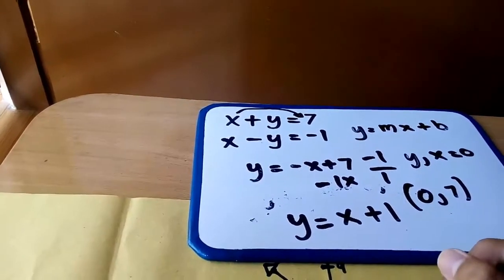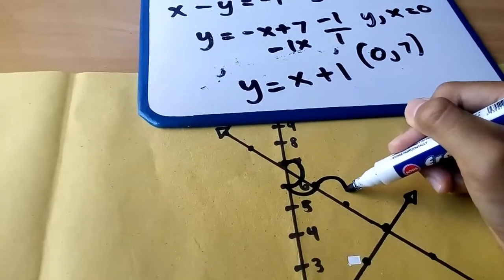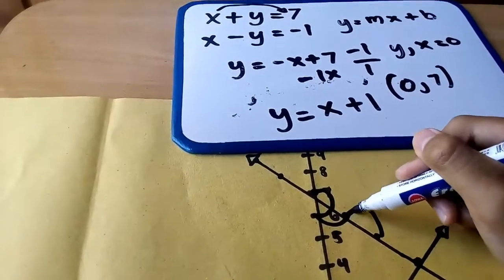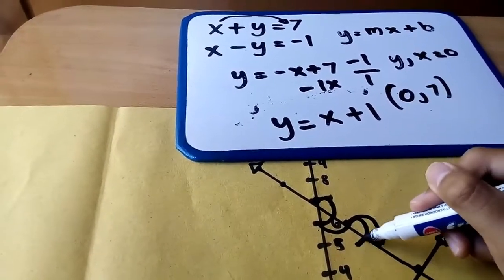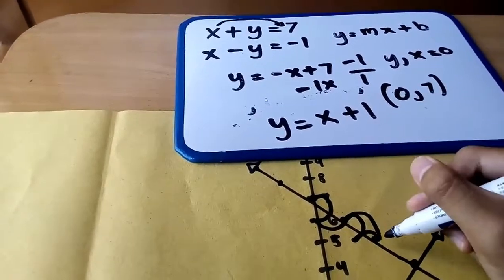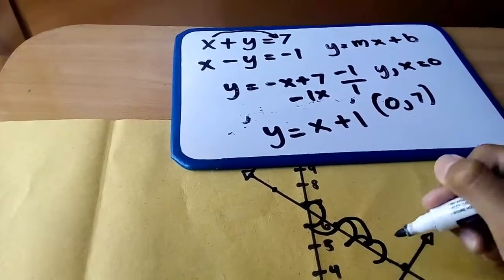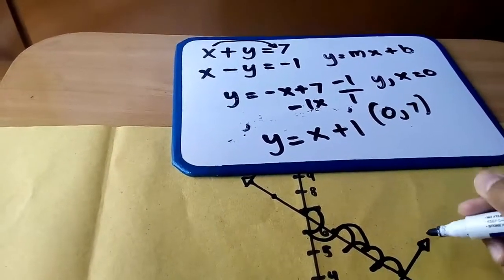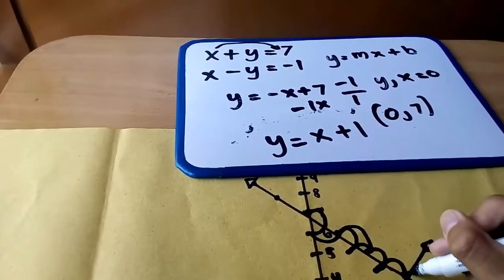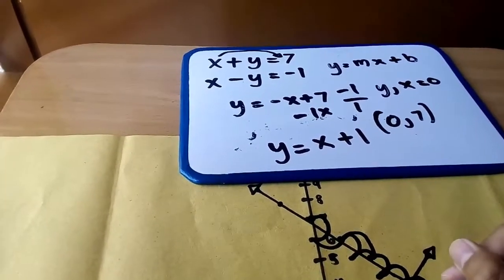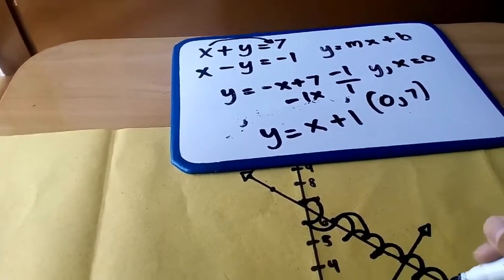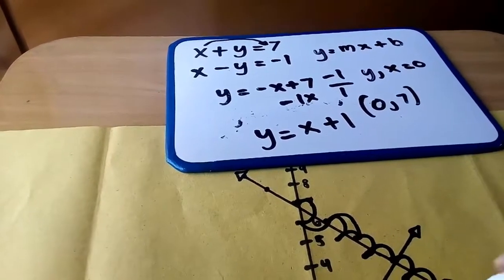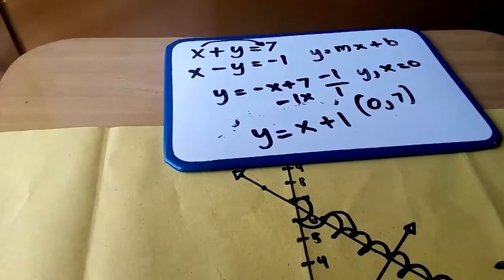So we go down by 1, and we go down by 1. We go right by 1. We go down by 1. We run by 1. We go down by 1. We run by 1. We go down by 1. We run by 1.